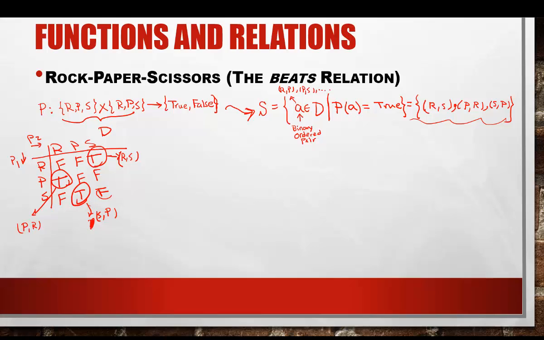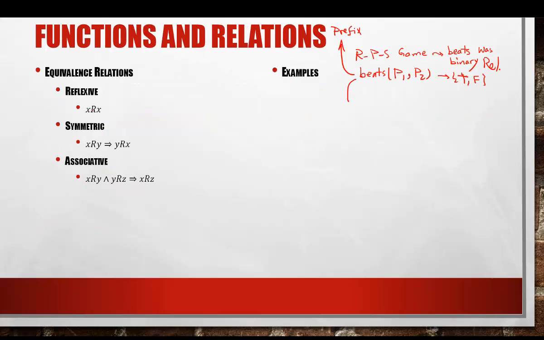function is not true, which means that rock is not in relation with rock, so rock does not beat rock, paper does not beat paper, and scissors does not beat scissors. So if you have a relation in which every element is also in relation with itself, then that relation is reflexive. Let's see an example of a reflexive relation.